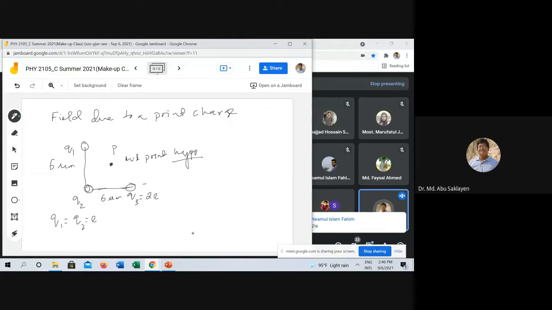Find the field and direction at point P. Do this problem.